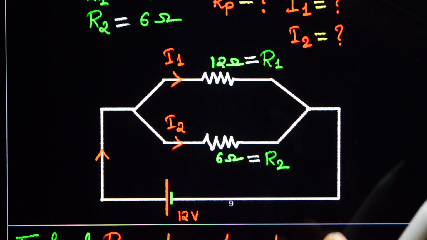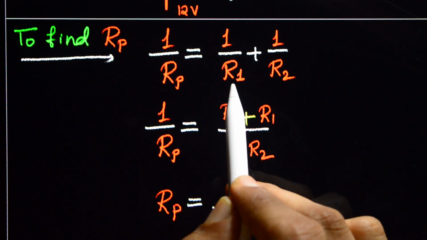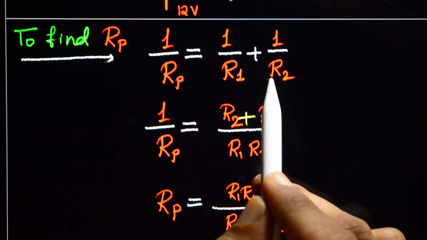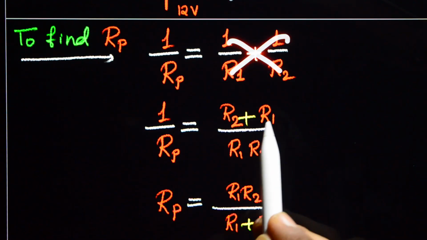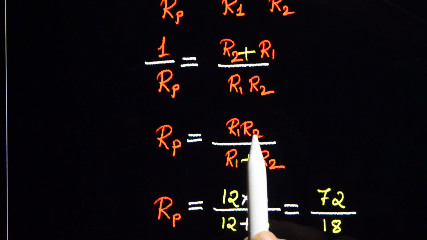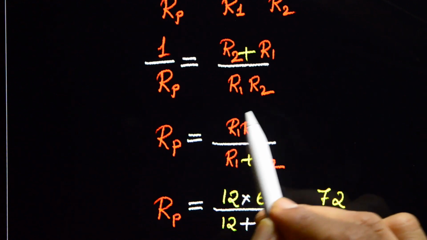Okay, let's find the effective resistance of the combination. 1 by Rp is equal to 1 by R1 plus 1 by R2. Here we have only two resistors connected in parallel. 1 by Rp is equal to, cross multiplying, R2 plus R1 divided by R1 into R2, or Rp is equal to R1 into R2 divided by R1 plus R2. Now what is R1 here?